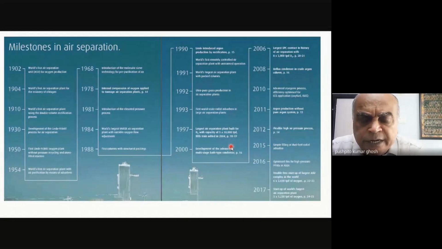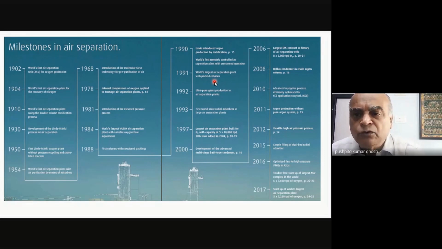This is from the Linde brochure. I'll pass it on to you if I've not done so already. Many of these things would be like incremental innovations. But the fact of the matter is that starting from 1902, and you see it goes up to 2017, every few years they've had some milestone.